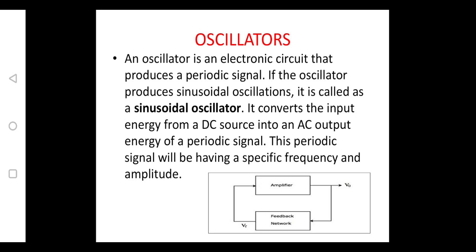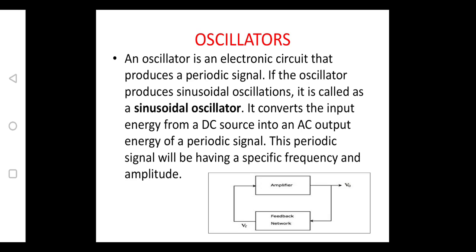Whatever may be the type of the oscillator, it basically consists of two different blocks. One is an amplification block followed by a feedback network.